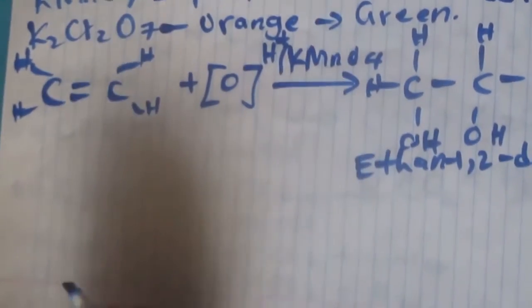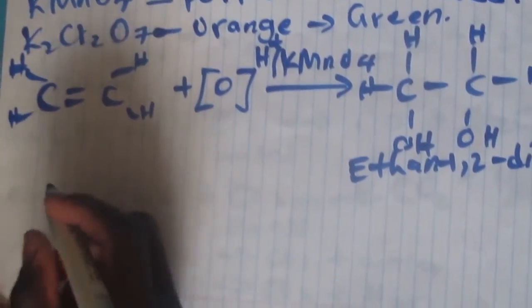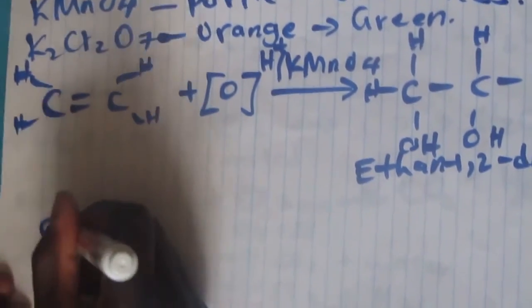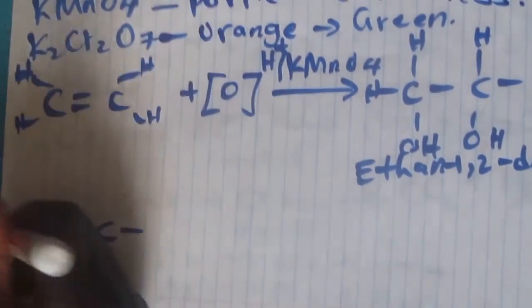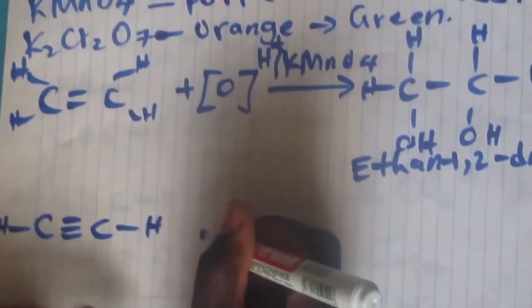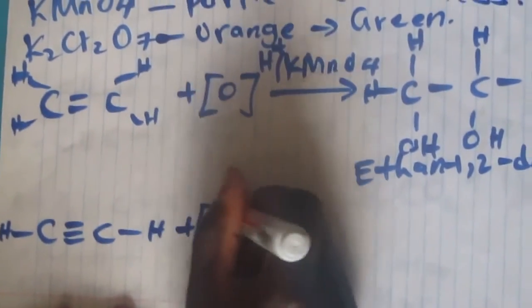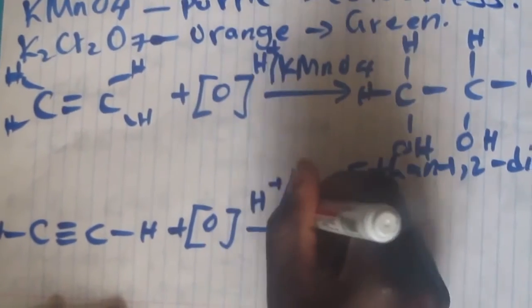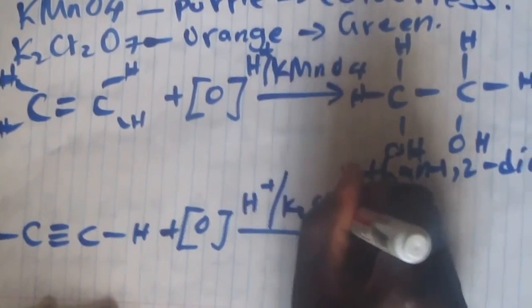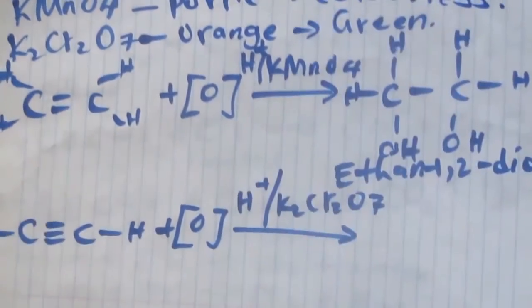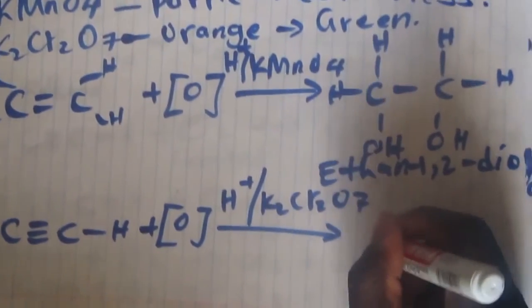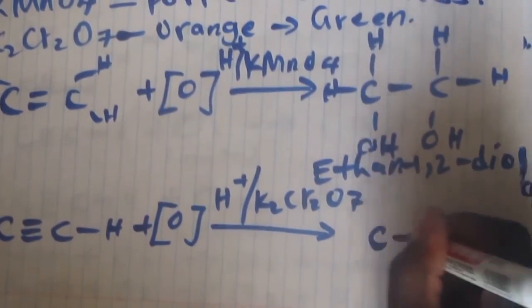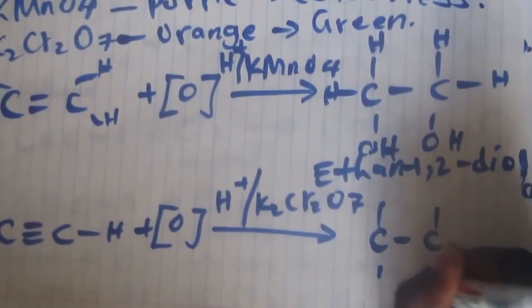Let us take a compound like ethyne. We react it with an oxidizing agent. Let's take acidified potassium dichromate(VI). You will end up getting a double alcohol.